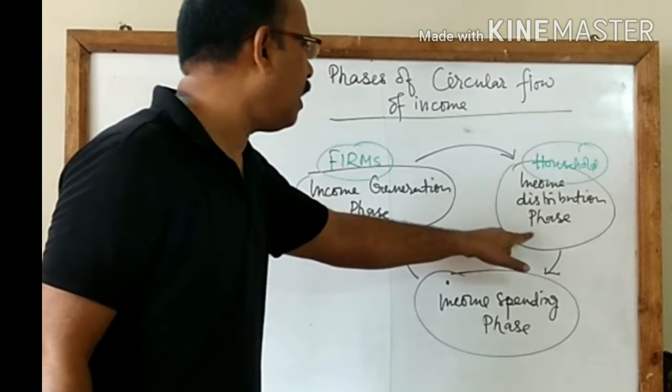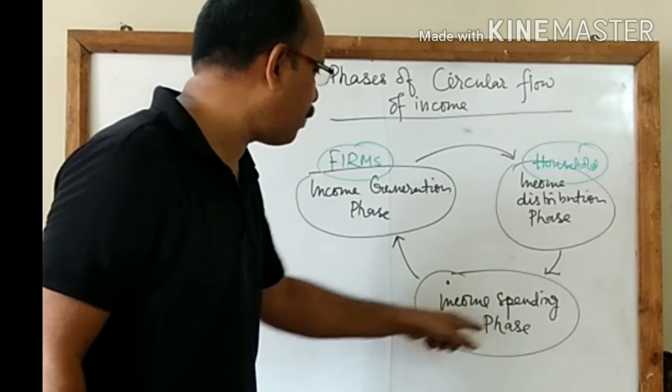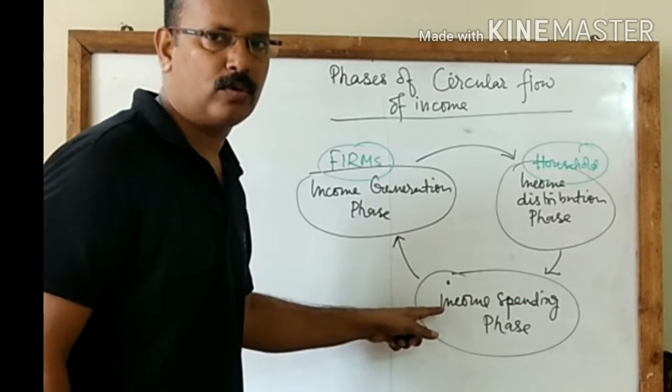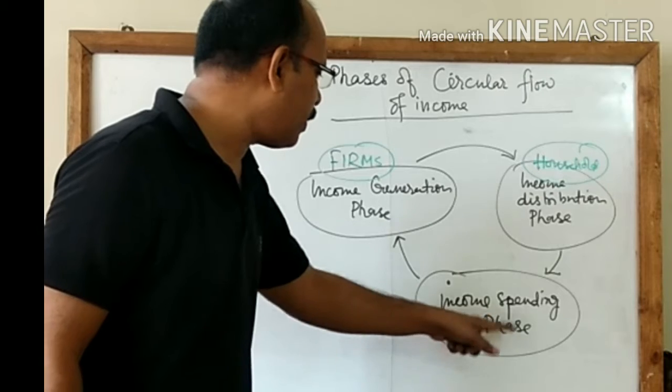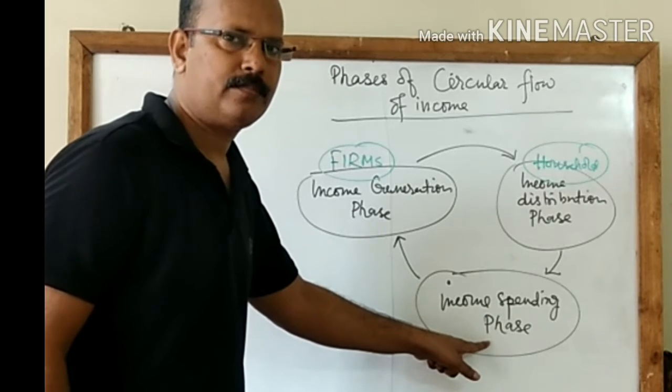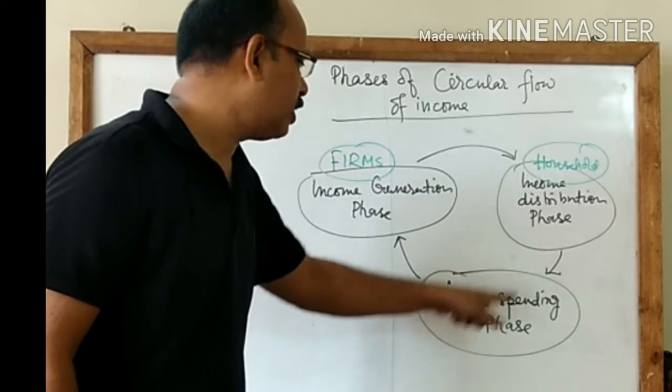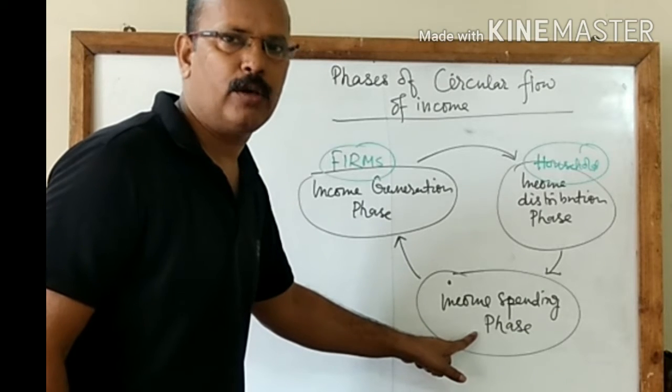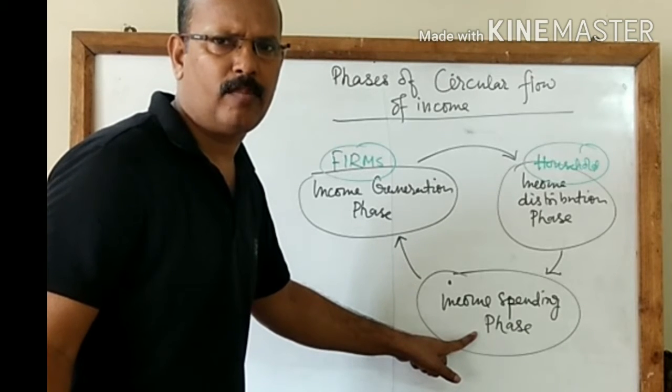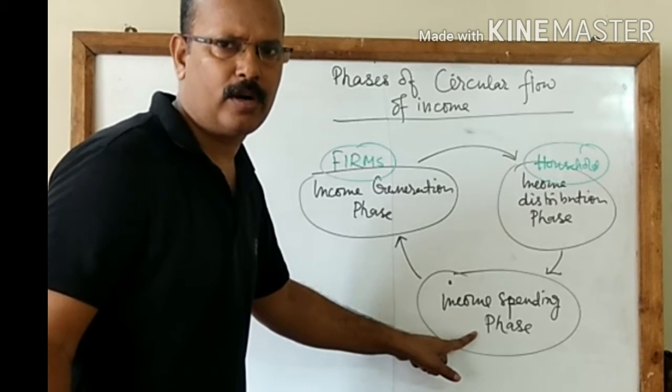Now this income earned by the households will be spent in purchasing final goods and services. So income spending phase will be here. So household will spend the money. Where will they spend? They will go to the market. Generally we go to the market for purchasing products.